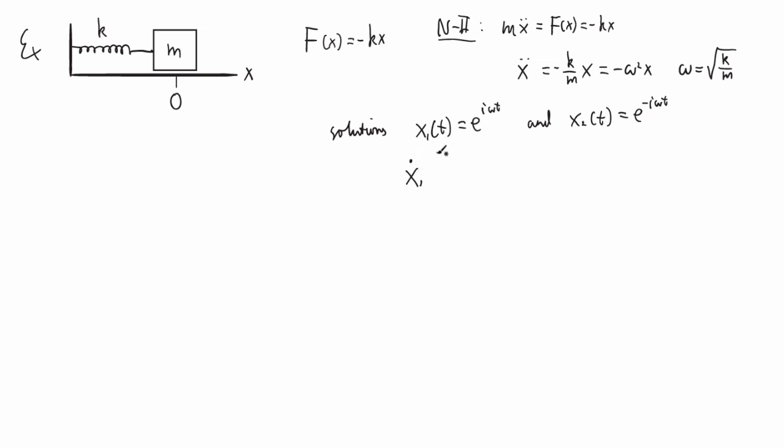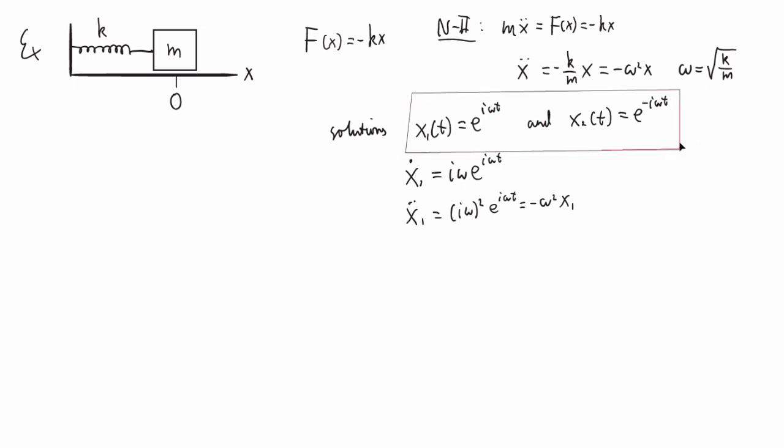So first we look at x1 dot. It's going to be i omega times e to the i omega t. x1 double dot is therefore i omega squared times e to the i omega t. i omega squared is minus omega squared, and then e to the i omega t, well, that was x1. So that's x1. And we can do the same thing for x2. So these are the solutions to this differential equation.